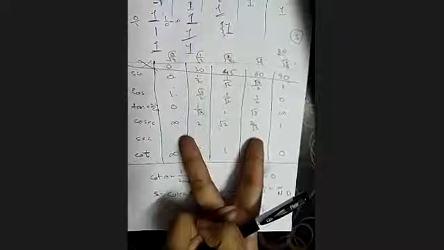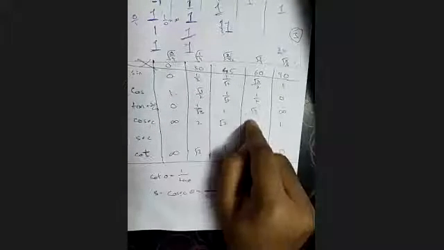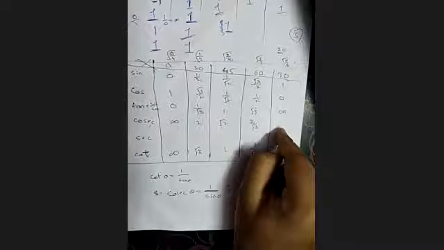So we got cosecant. Now secant theta is the reverse of cosecant. So cosecant is infinity, 2, root 2, 2 by root 3 and 1.